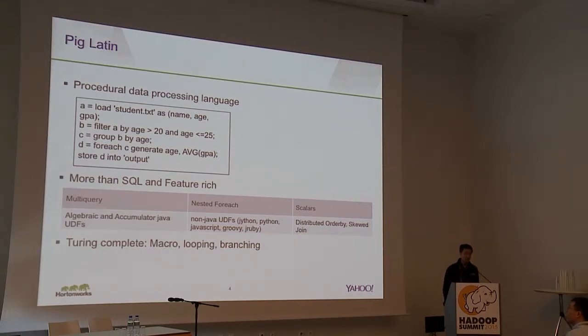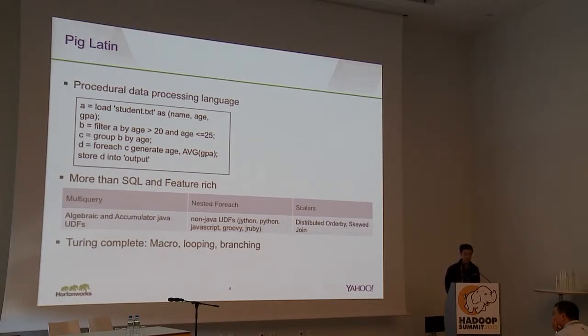So unlike SQL, you don't have to scramble everything into one single SQL statement. This is more natural and intuitive. And Pig can process HDFS files directly, which means you don't have to create a table. And you don't even need a schema. And Pig's motto is, Pig eats everything. And Pig is also feature-rich.